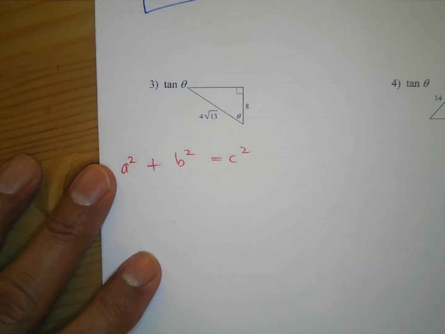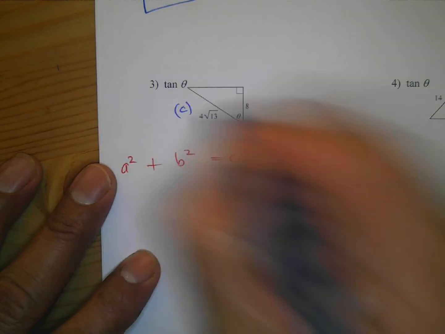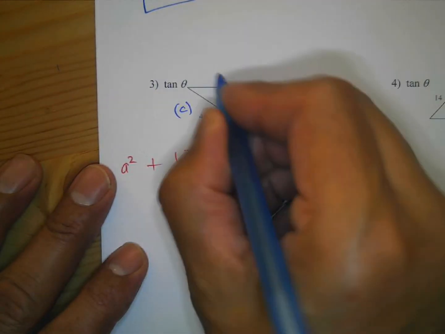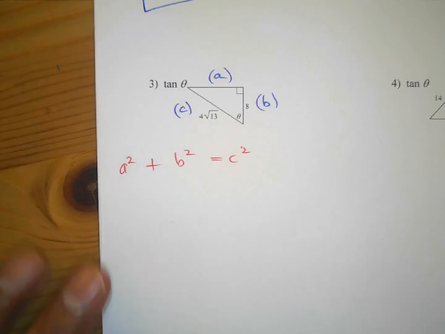I'm going to label first the A, B, C's because I'm always going to need that missing side anyways. Okay, so this is my C side. Hypotenuse is your C side. The A is there, and we'll call this one B, right?